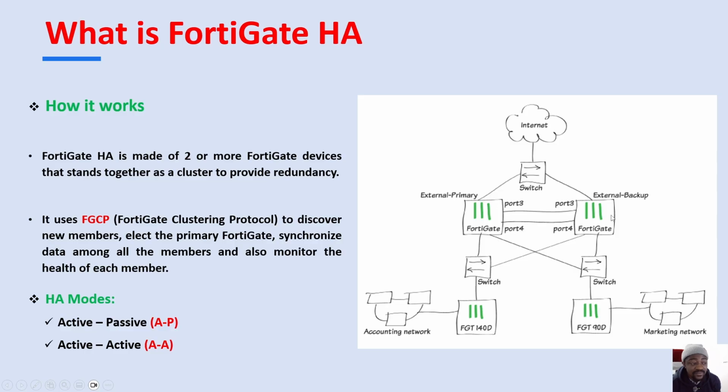Depending on your infra and the type of traffic that goes on your network, you might decide to use your FortiGate devices in active passive mode or in active mode. Pay attention that you can add multiple, not only two, FortiGate devices together in your high availability cluster to make it more redundant.